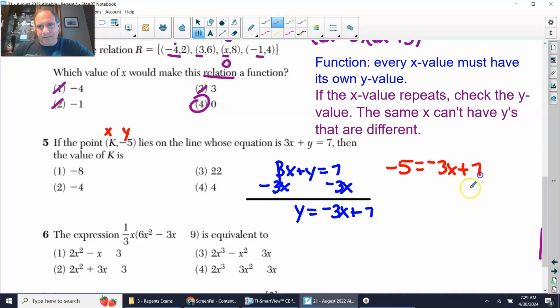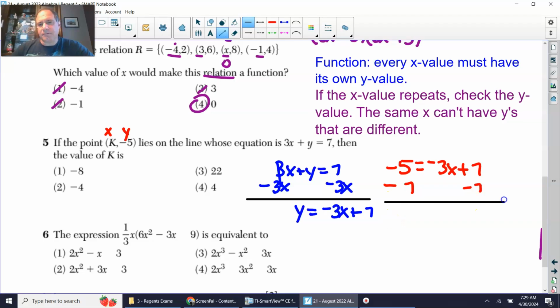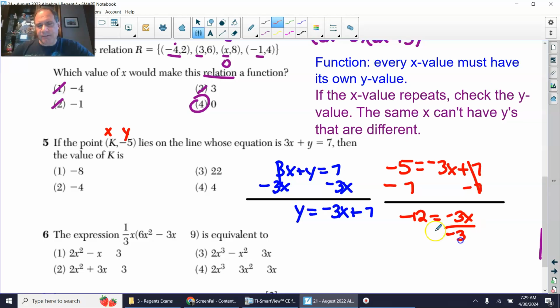That's it. So you subtract 7 on both sides. You get -12 = -3x. You divide by -3 on both sides. This cancels. And then x equals 4.